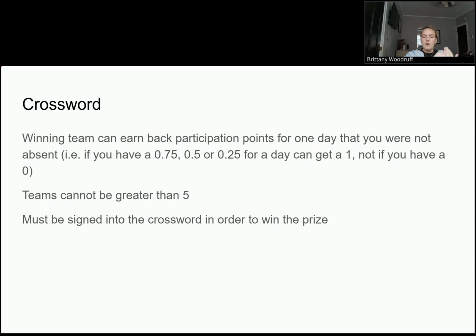Okay? You also have to be signed into the crossword in order to win the prize. You can't just get assigned to a table where everybody does the work for you, if that makes sense. Okay. So this is supposed to be a fun way to earn back points. So let's keep it positive.